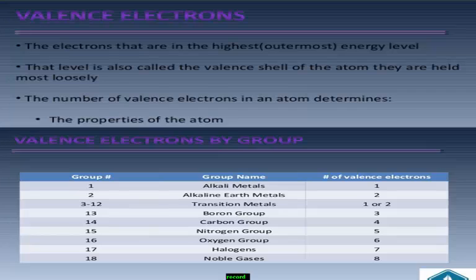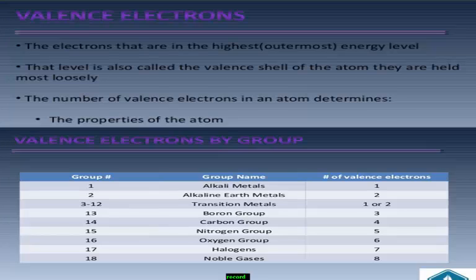If you take an example, sodium is an example of an alkali metal and its atomic number is 11, but it contains only 1 valence electron. Similarly, group 2, alkaline earth metals, contain 2 valence electrons. Transition metals contain 1 or 2. Boron group contains 3.